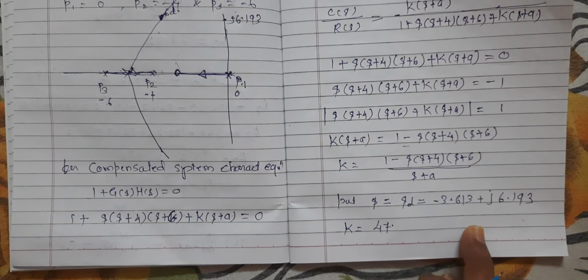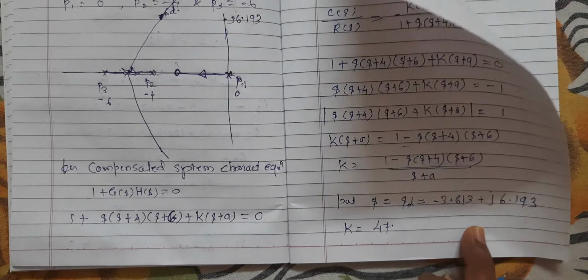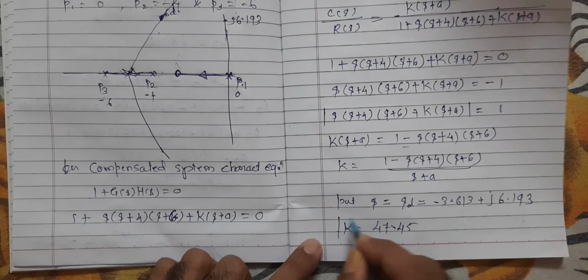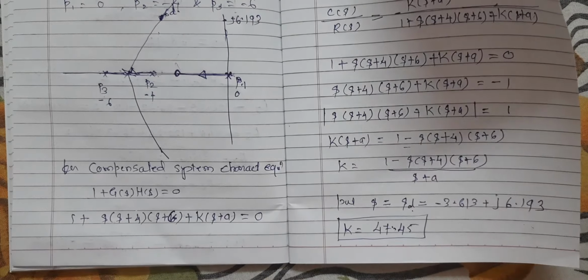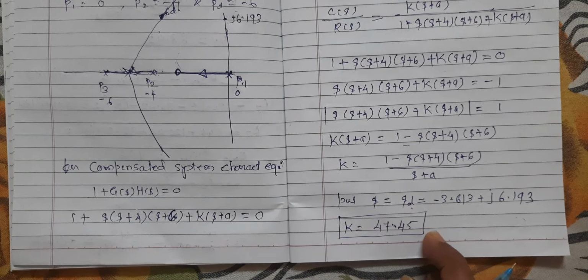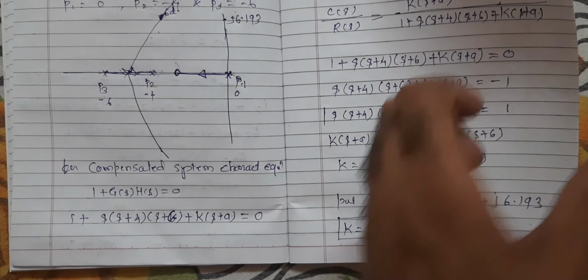47.45, correct. Put this value of sd in the equation. There are a few steps, but I have omitted them and I am giving you K directly, equal to 47.45.